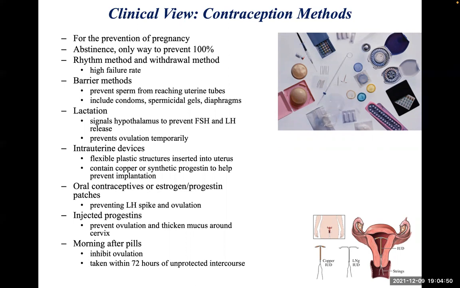From an evolutionary standpoint, this makes sense because it's very energy expensive for a woman to lactate, and it's not ideal to put energy into both nursing a child and maintaining a pregnancy. However, it is not a very reliable type.